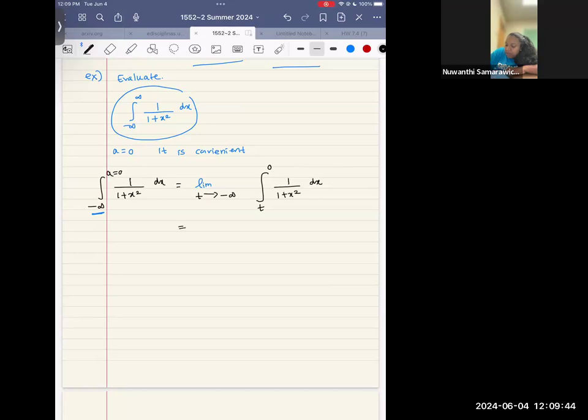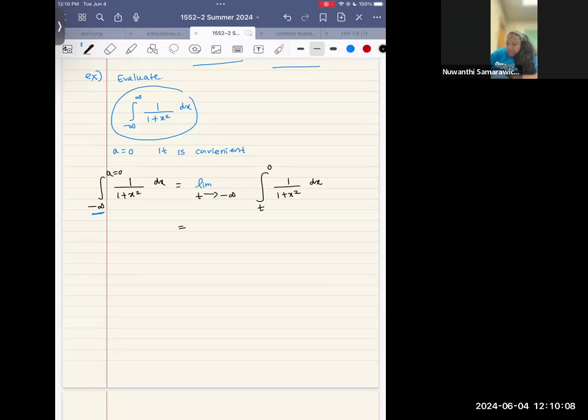Okay, so what is the antiderivative of 1 over 1 plus x squared? Tan inverse, yes, arctan. Very good.